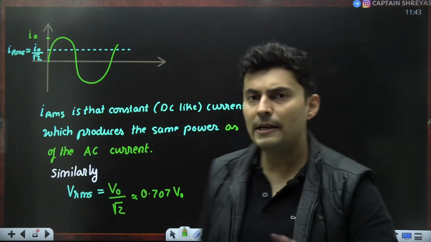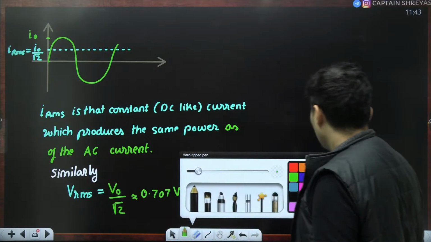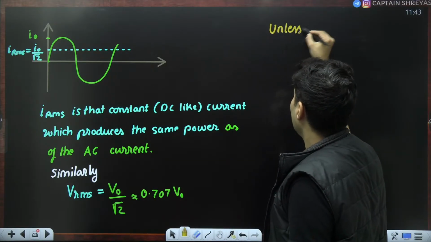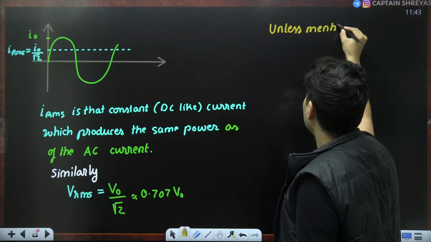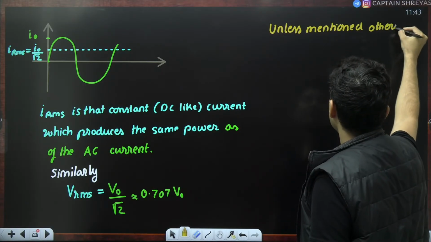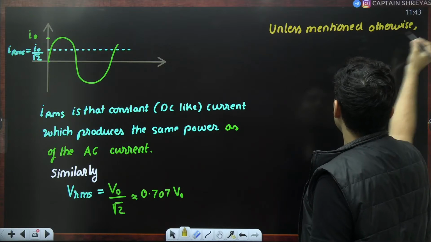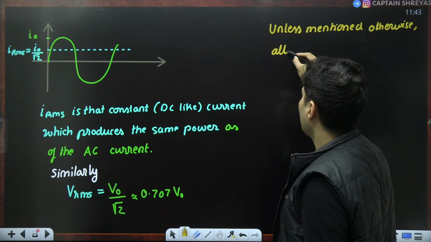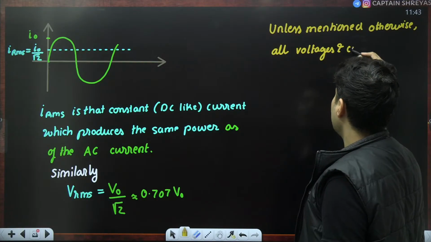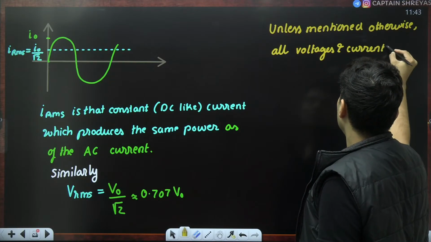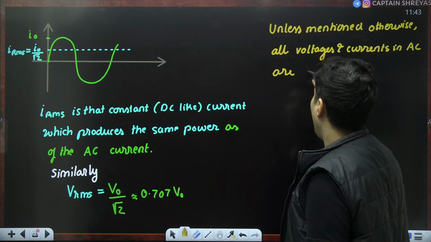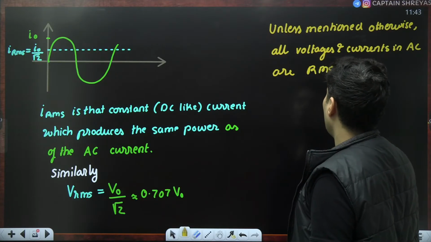Is this clear? Next important thing, keep this in mind: unless mentioned otherwise, all voltages and currents in AC are RMS only.